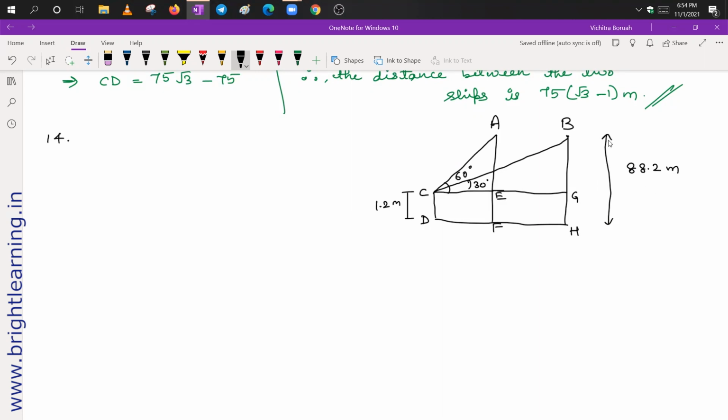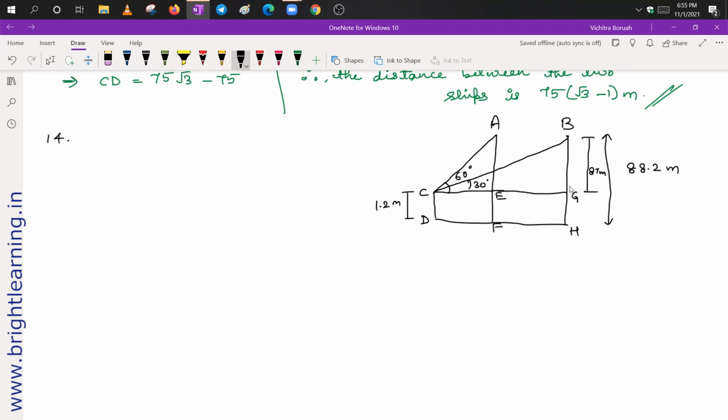So if the whole height from the ground is 88.2 meters, then from point G this length will be 88.2 minus 1.2, that is 87. This length will be 87 meters.